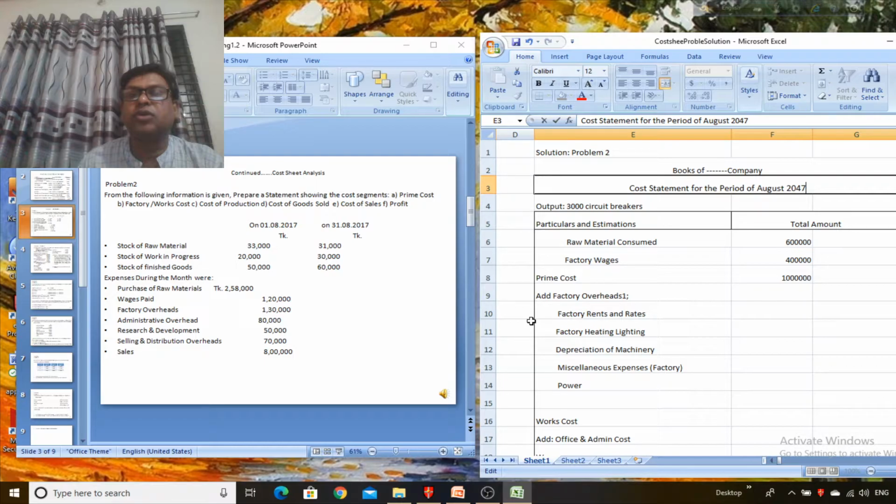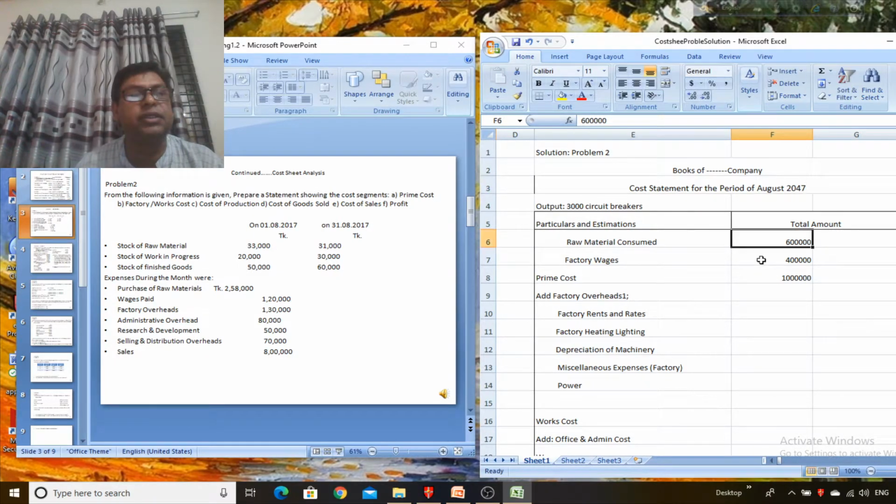Stock of raw material, opening balance. Here is the opening balance and closing balance. So we have to find out the total consumption of raw material. And how can I calculate this? Raw material consumption cost, we can calculate this here.